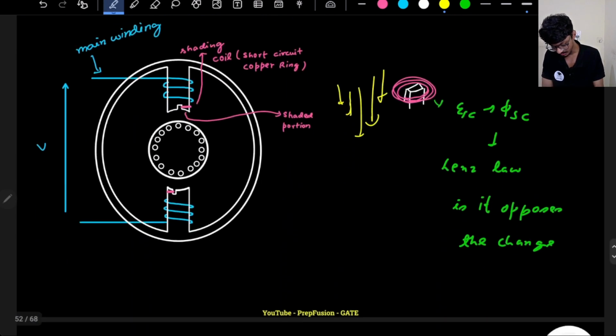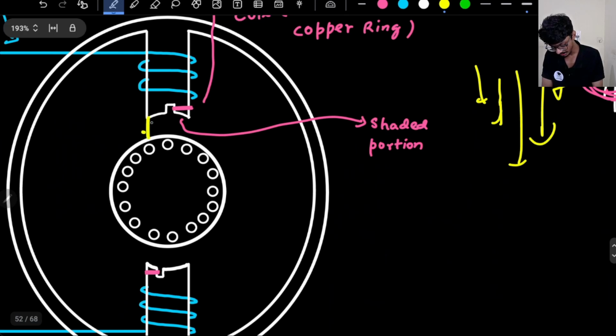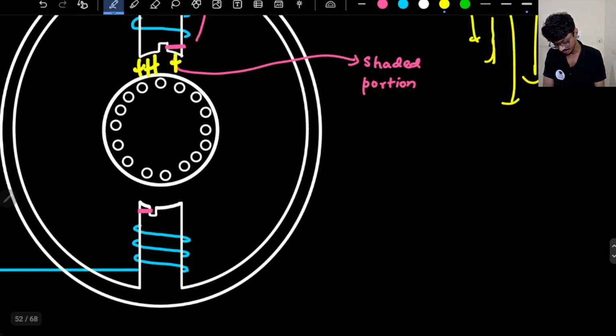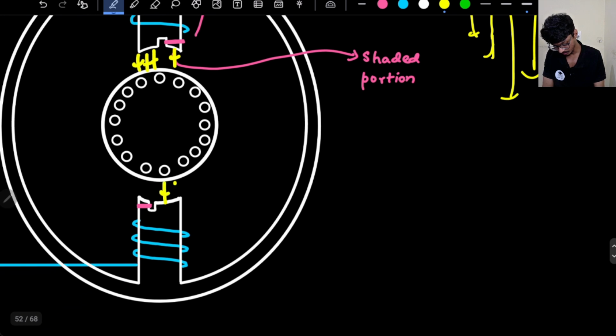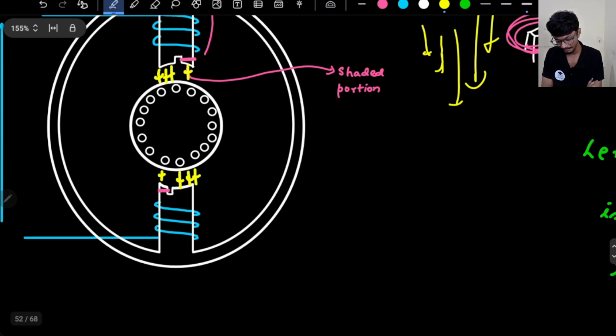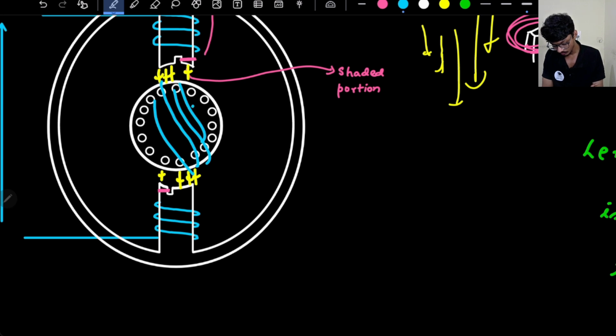But if I am providing some shading, here the flux lines will be higher, here the flux lines will be lower, only a single flux line. The same will happen here. So here the flux lines will be higher and here the flux lines will be lower. So indirectly what is happening, the flux lines are passing like this, right? The flux lines are not straight anymore.